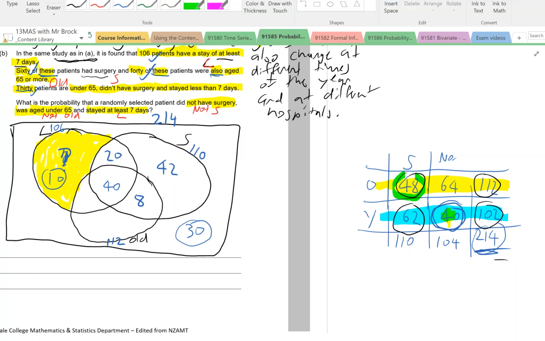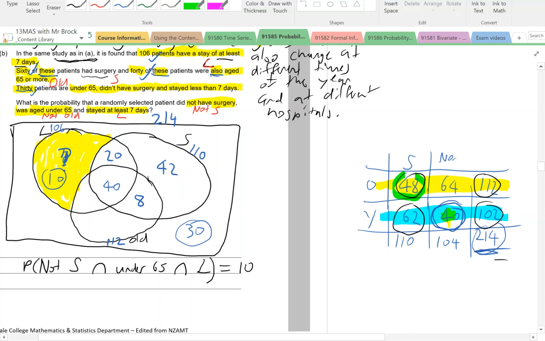So that was the question. What's the probability a randomly selected patient did not have surgery, was aged under 65 and stayed at least 7 days? So now we can write that down, can't we? So probability not S, no surgery, and aged under 65, and long, meaning at least 7 days, equals, now if I just write 10, would that get marked right?